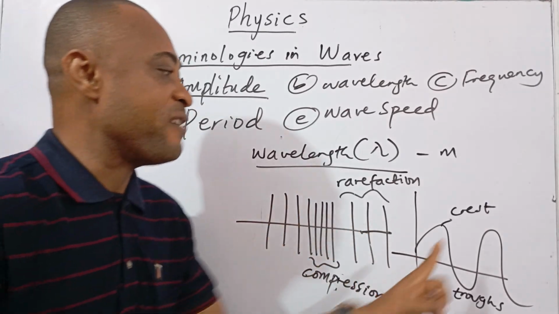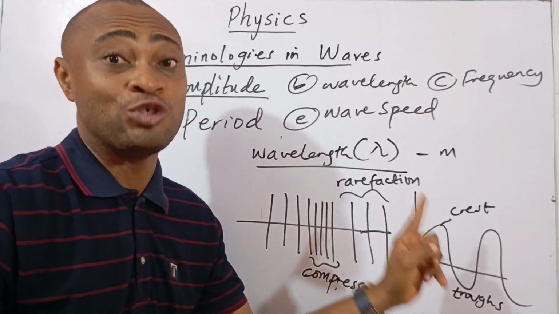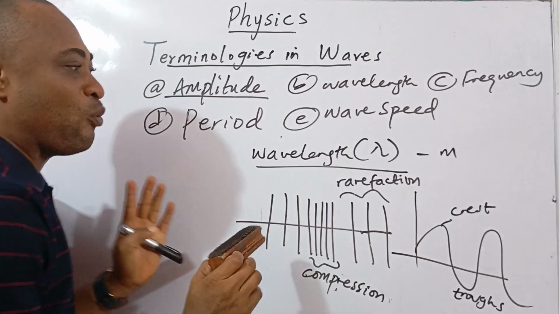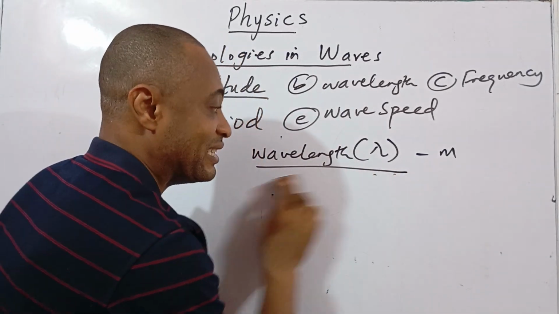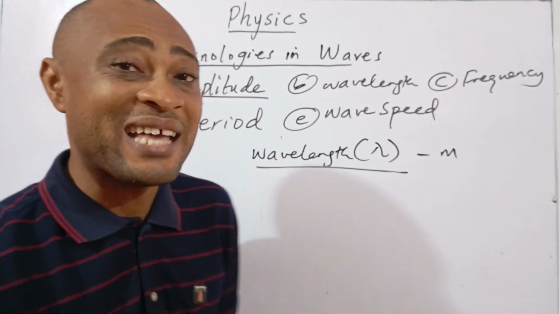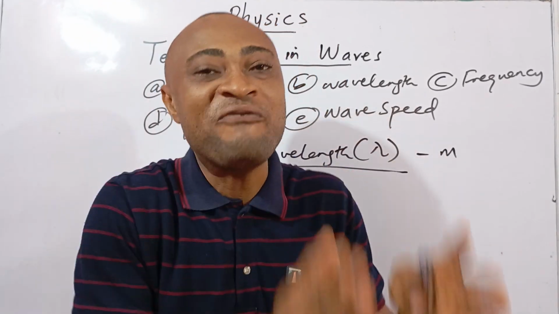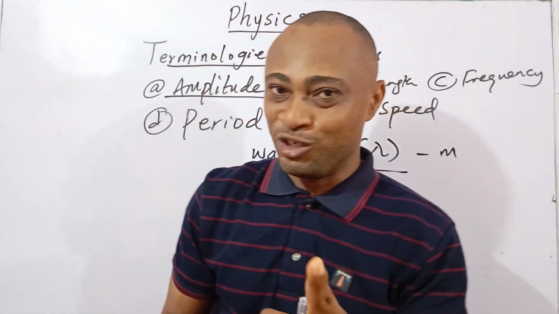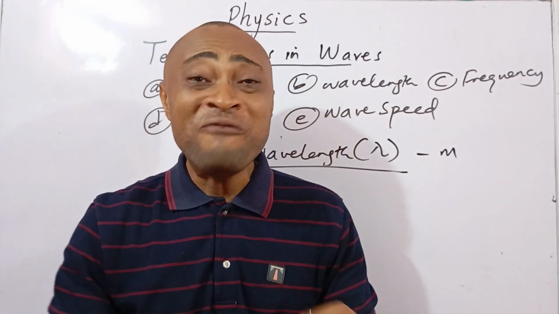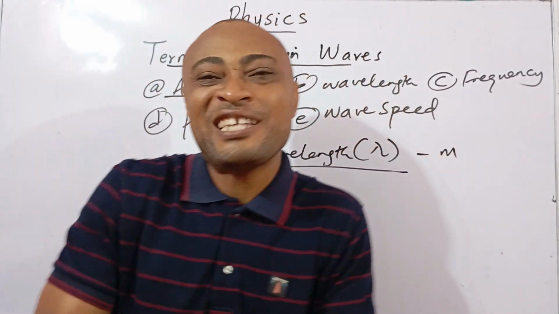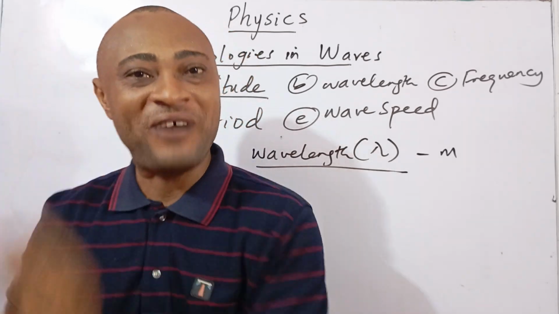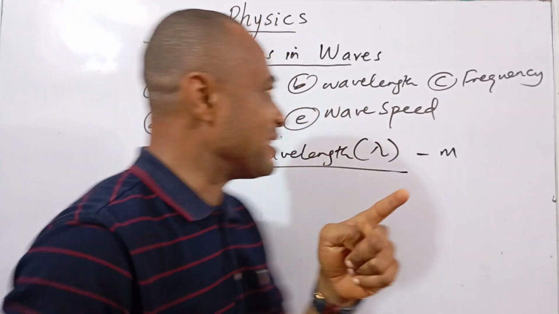For a transverse wave, we have crests and what? And troughs. Now, if I want to define my wavelength, it can be defined as the distance between successive crests or troughs. That's for a transverse wave, right? The wavelength can also be defined as the distance between what? Successive compressions or rarefactions. I hope you got that.